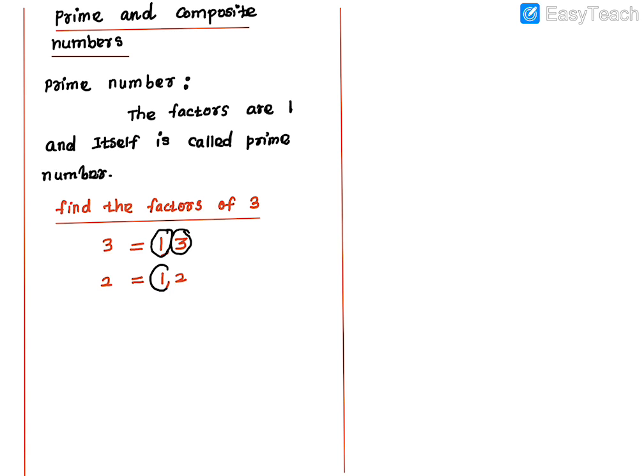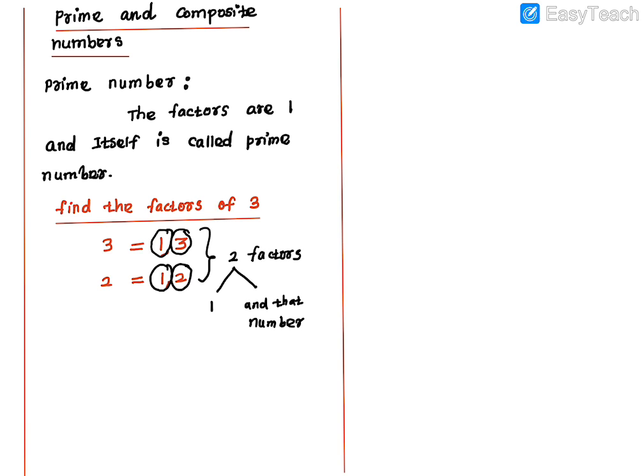For 2, 1 and itself, that means it also has only two factors. Those two factors are 1 and that number. So this is called a prime number.